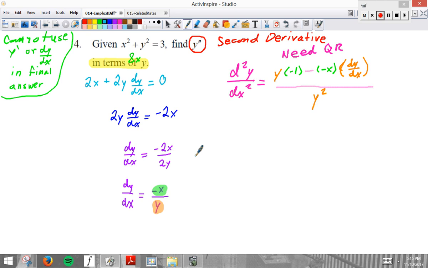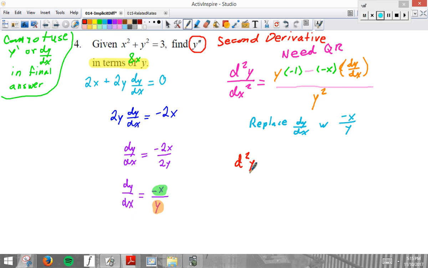Specifically, we're going to replace dy/dx with negative x over y. So I'll write it down just so you can see it in crystal clear detail. Replace dy/dx with negative x over y. A lot of people in class get mystified when I do this, so I'm trying to be crystal clear.